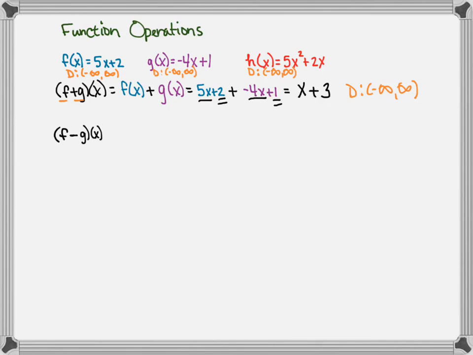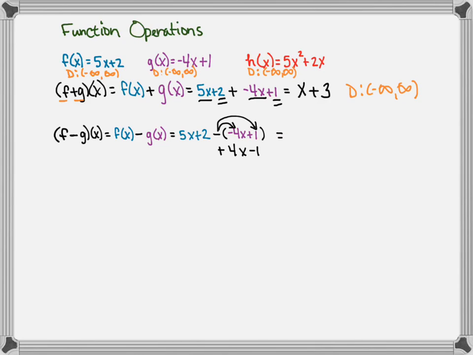Let's look at the difference, f minus g of x. This is the same as f of x minus g of x, or 5x plus 2 minus negative 4x plus 1. I'm going to distribute the negative, so we get plus 4x and minus 1.